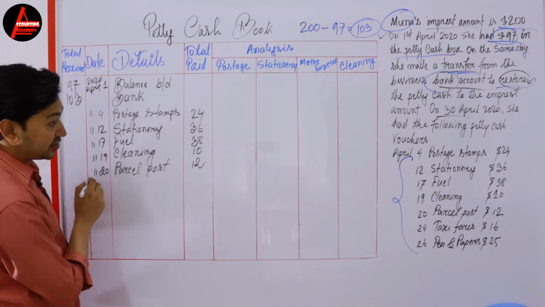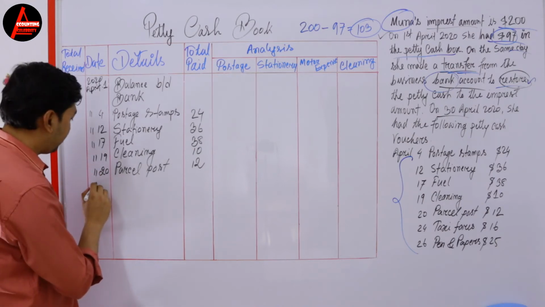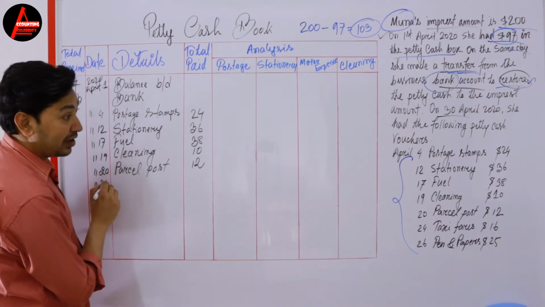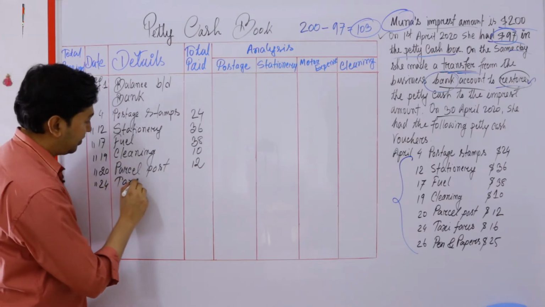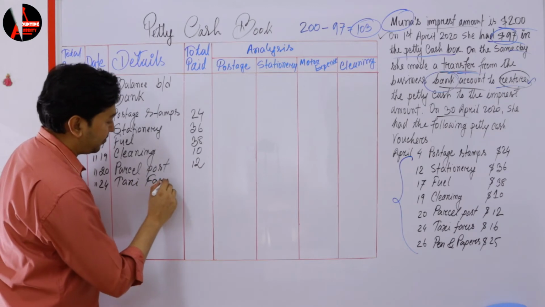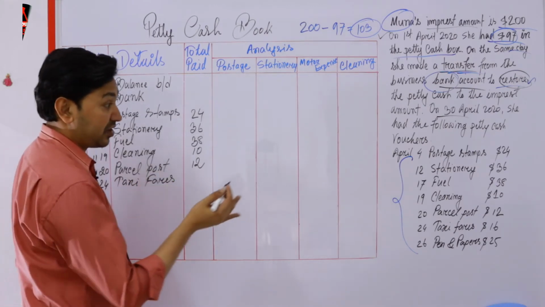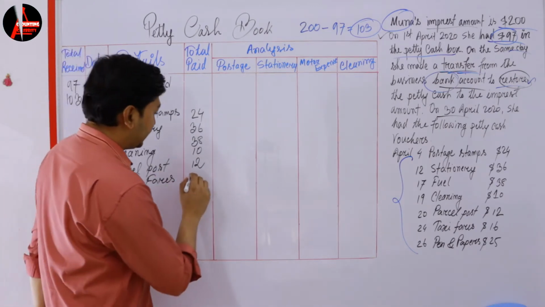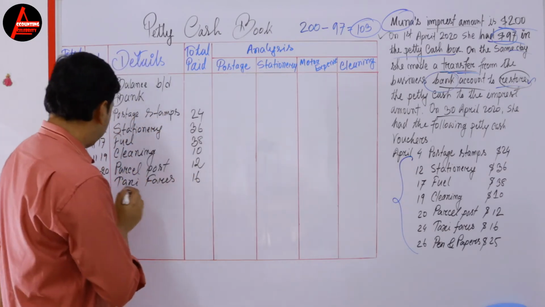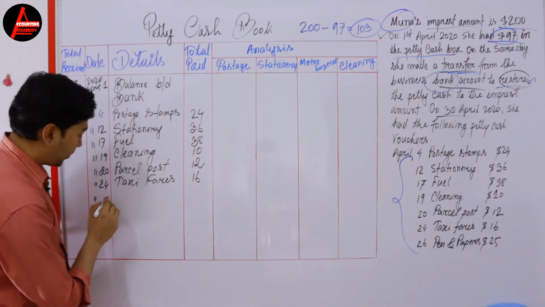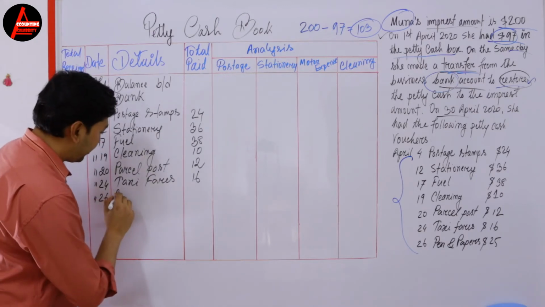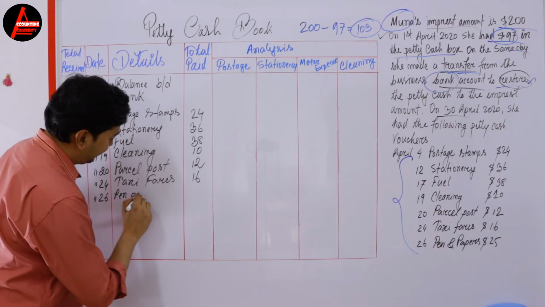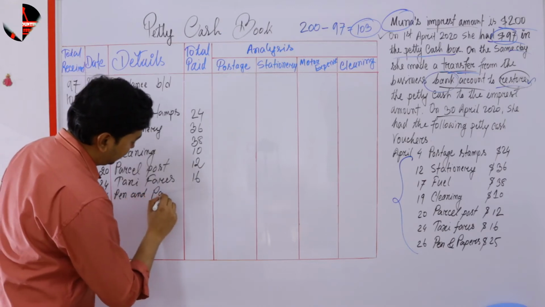What is the second last? The second last is the 24th, and it is taxi fares. How much is it here? It is $16. Then the last one is the 26th, pen and papers.